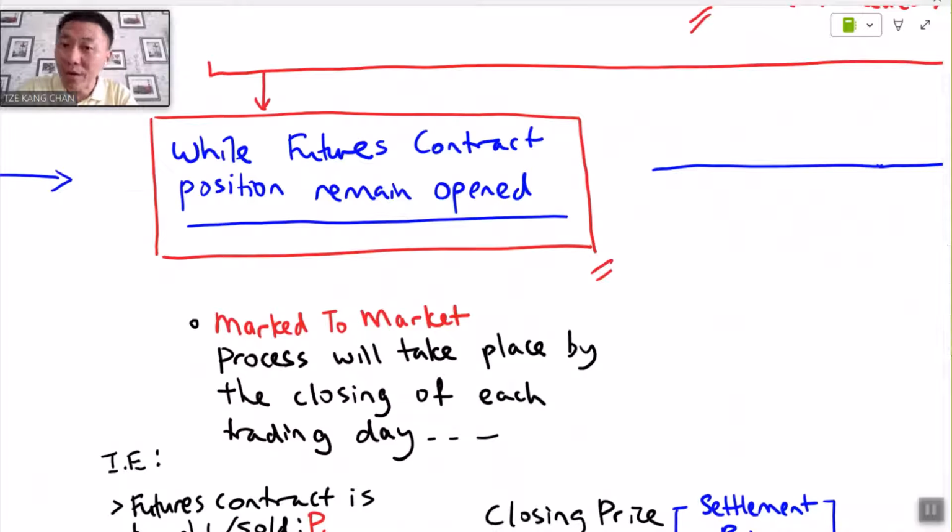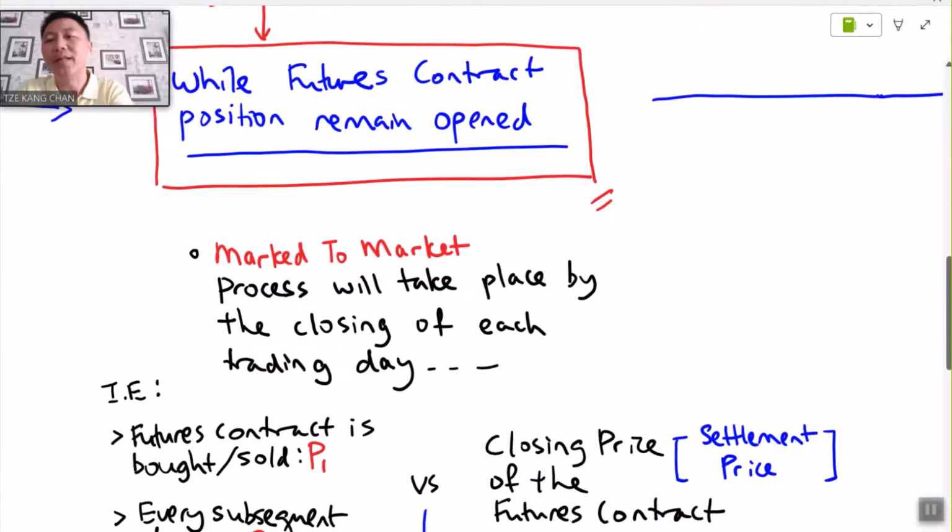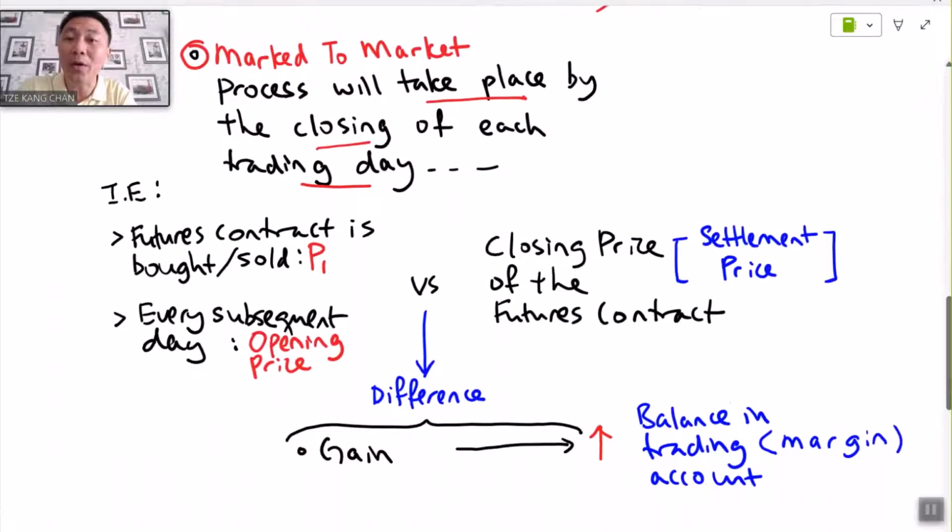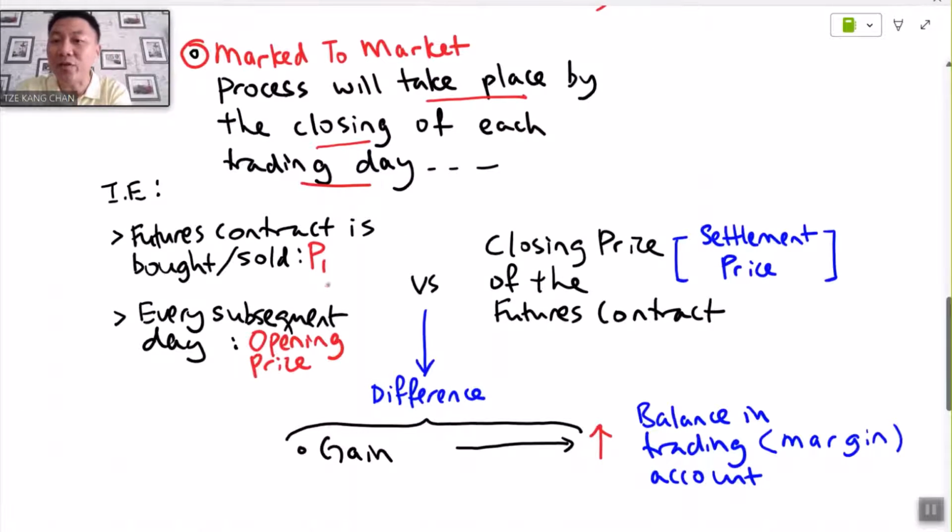While the futures contract positions remain open, the mark-to-market process, as we have mentioned, will carry on and take place at the end of the closing time of each trading day. What the derivative market does is take the price on the day when the futures contract is bought or sold, mentioned earlier as P1, and compare it to the closing price of the futures contract at the end of that day, which is called the settlement price.